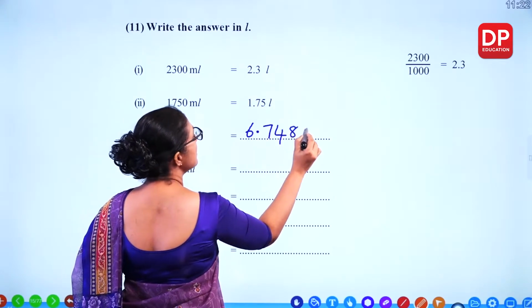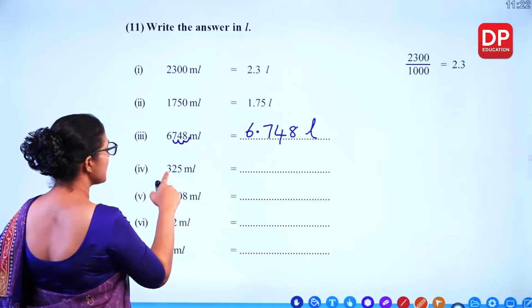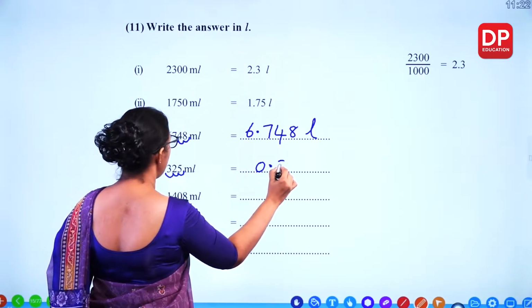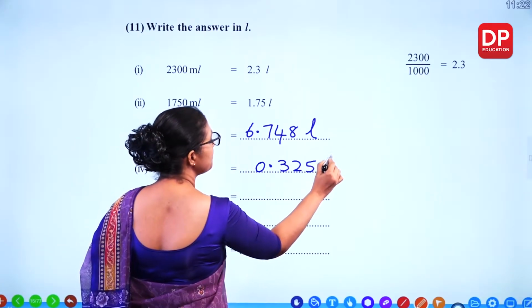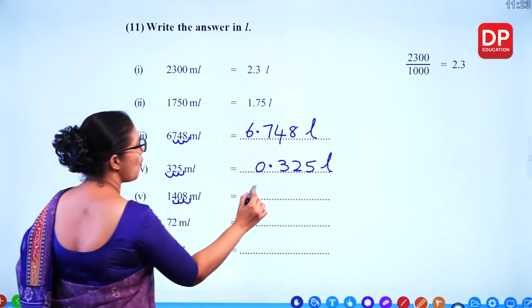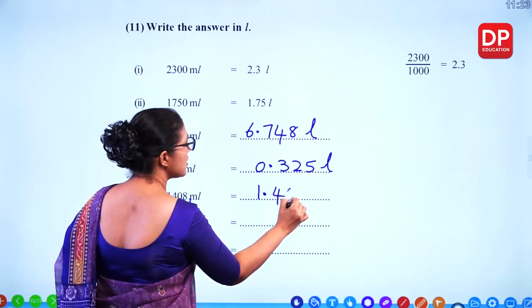6.748 liters. This one, 1, 2, 3, 0.325. Here, 1, 2, 3, 1.408.